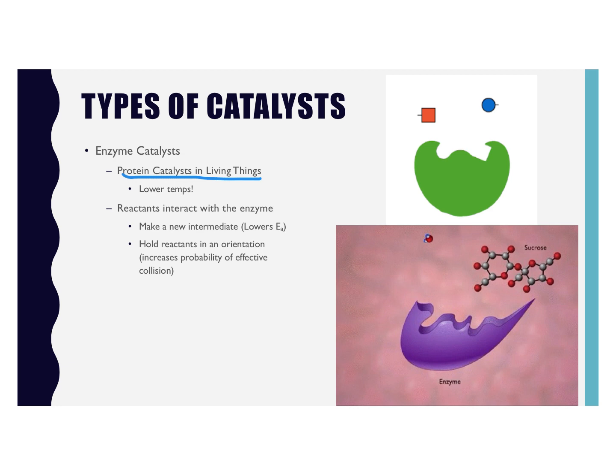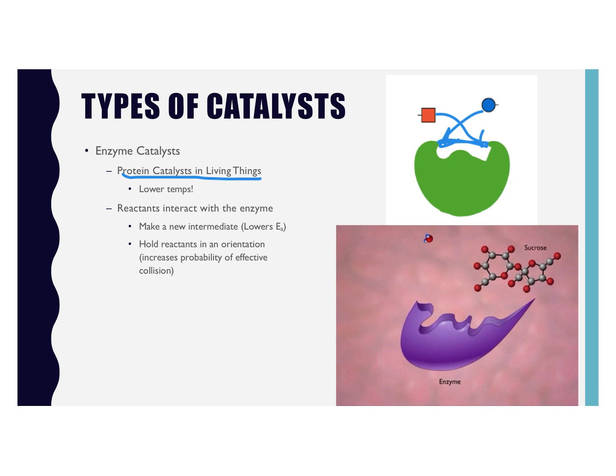One, it can create a new intermediate that lowers the activation energy or holds the reactants in a particular orientation. So the reactants come in here, get stuck in that pocket, and oop, voila, the protein changes, and now these two things can bond together.